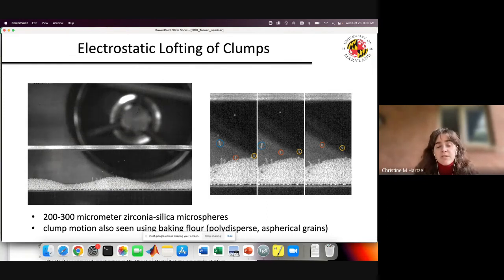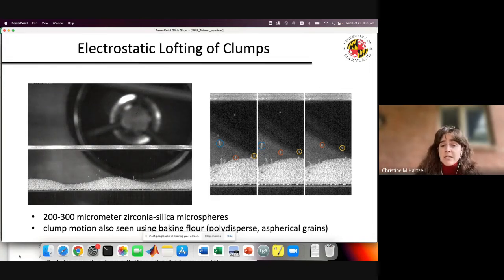Now, these particles are spherical. We know that regolith particles are not spherical, and they're also a range of different sizes. We're using spherical particles here because we can compare these clump sizes and motion to prior models that we have that would predict the size of clumps that should move around.